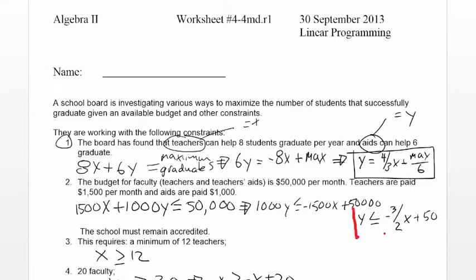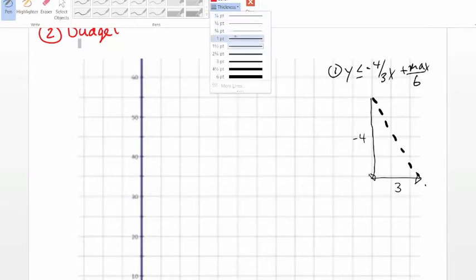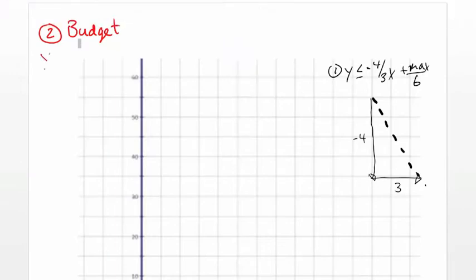So the line is going to slope down 4 and over 3 and have a slope approximately like this. Now let's plot the budget constraint. So that's our second constraint, and the budget is y is less than or equal to negative 3 over 2x plus 50.